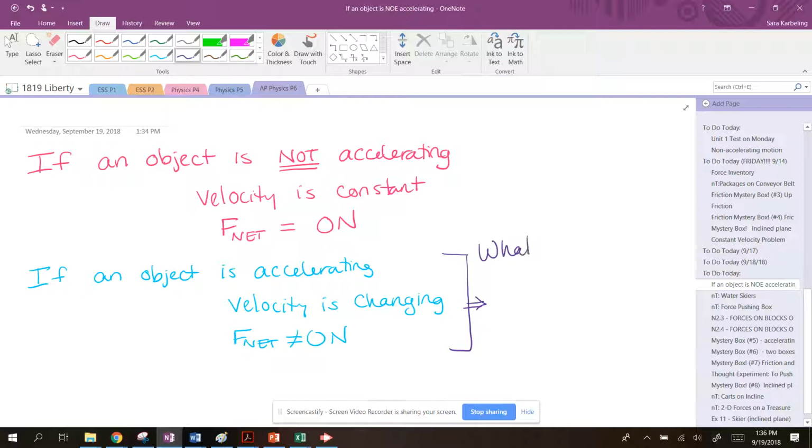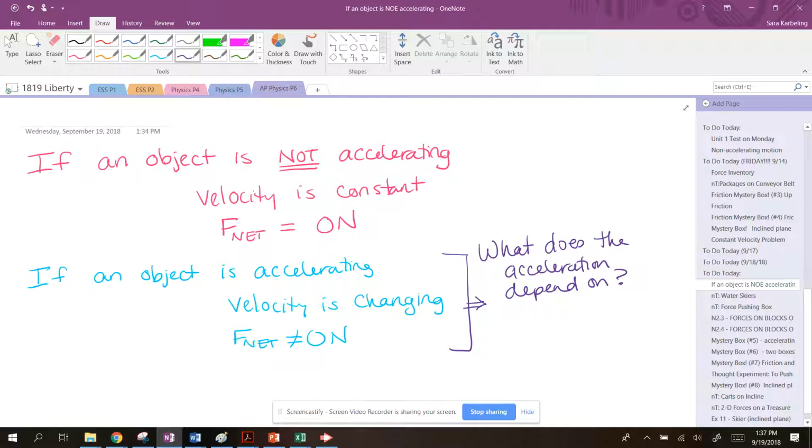What does the acceleration depend on? The acceleration is the result. It's the thing that is being equal to this other stuff.